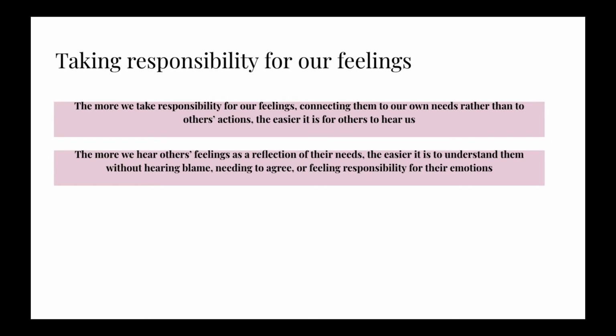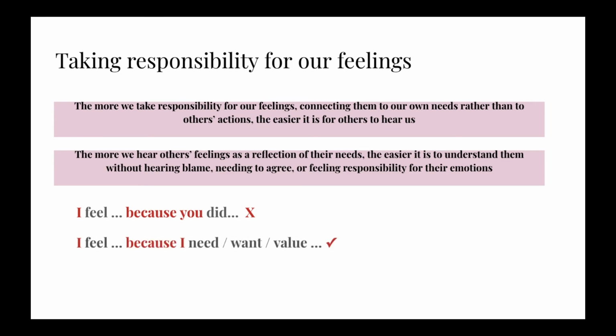So it's important that when you express your emotions, you don't use the phrase I feel this because you did this. That again is blaming and judging the other person. Rather, you want to use the phrase I feel this because I need something, or I want something, or I value something.